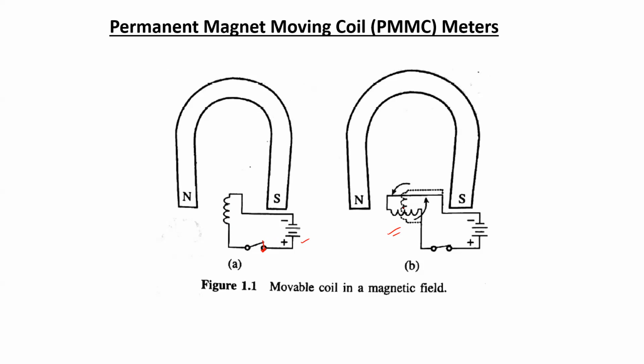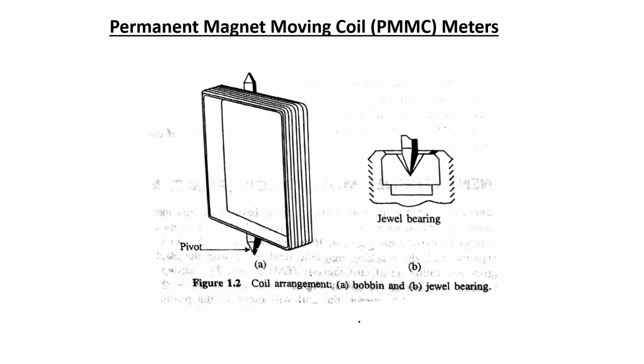So let us focus on the arrangement of the coil, how the coil arrangement is done in general in case of this sort of moving mechanism. Normally an aluminum frame is used. Around the aluminum frame, the winding of the coil is placed, so the number of turns of the coil is done around that aluminum frame.